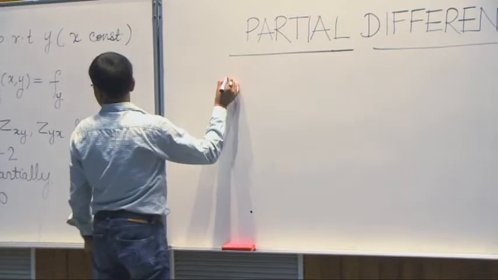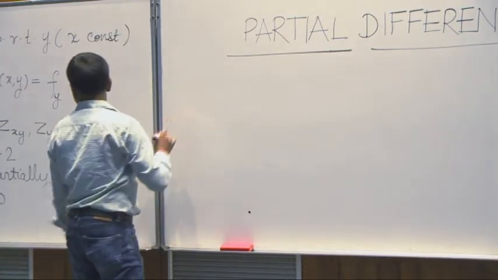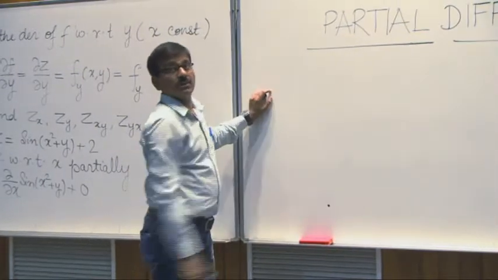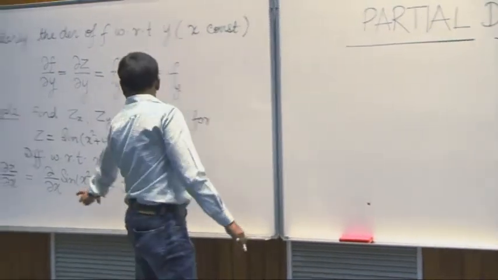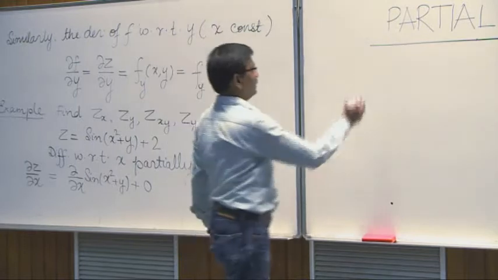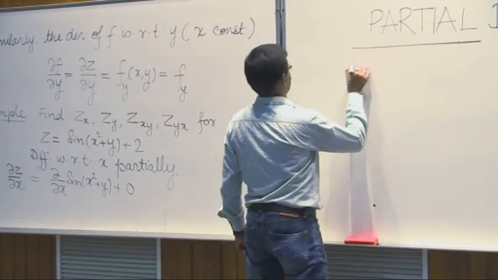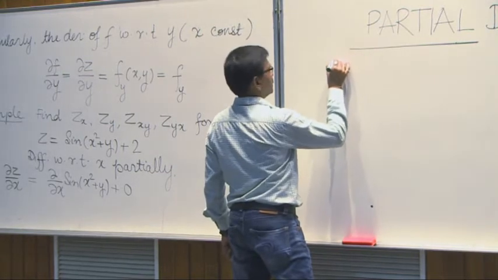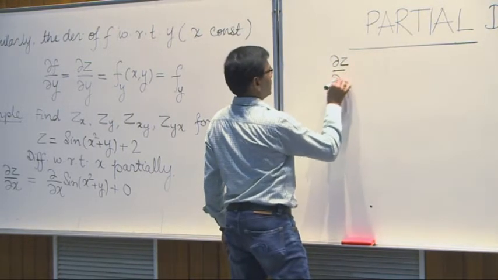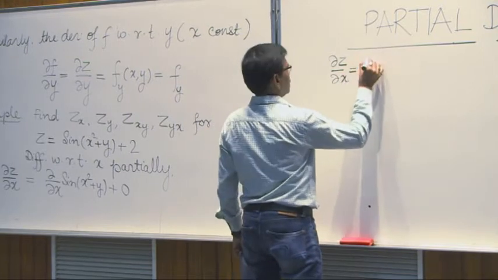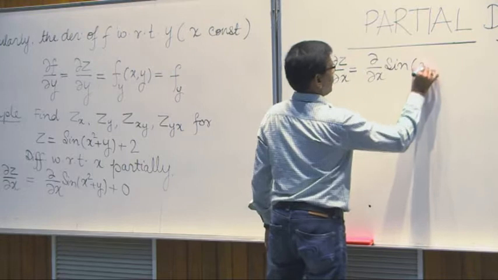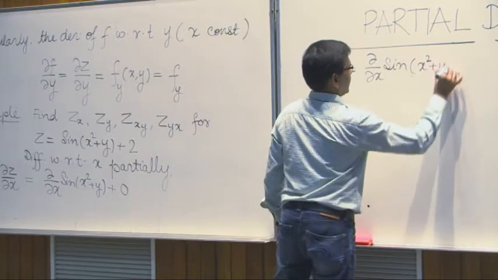So that's your right hand side when you will differentiate it with respect to x. Now let's make a substitution, because I don't know whether you can do without substitution. So this expression you have, delta z delta x is equal to del x sine x square plus y.